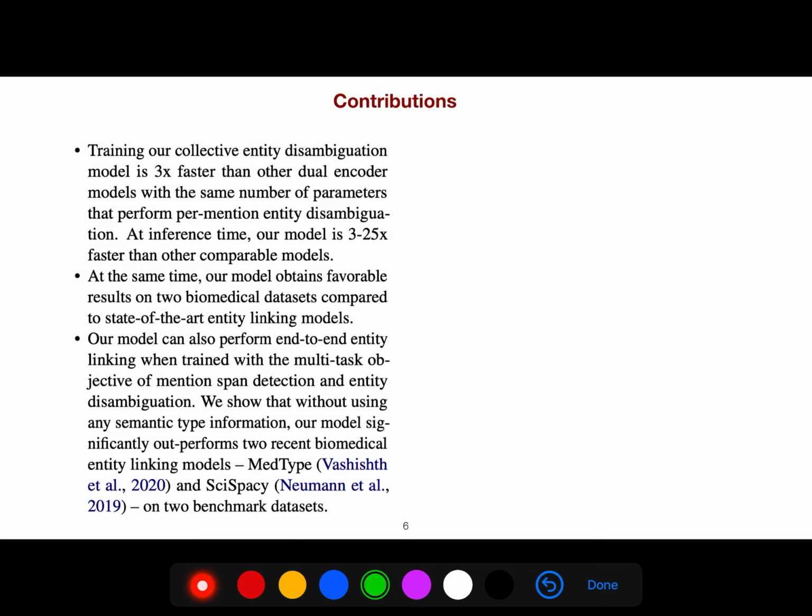And our model can also perform end-to-end entity linking when trained with the multitask objective of mention span detection and entity disambiguation. They show that without using any semantic type information, their model significantly outperforms 2 recent biomedical entity linking models, MedType and SciSpacy.